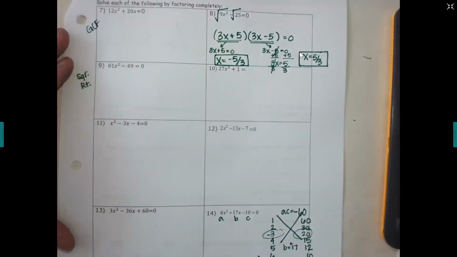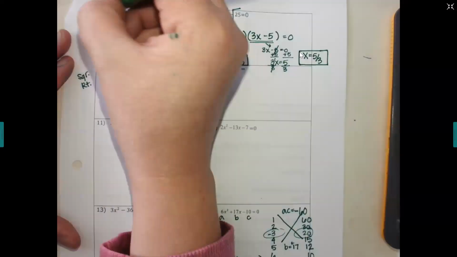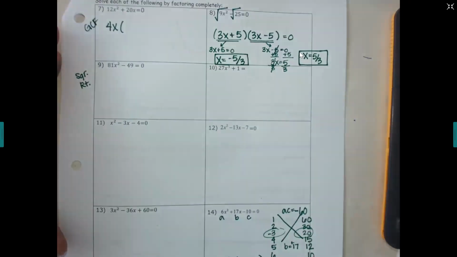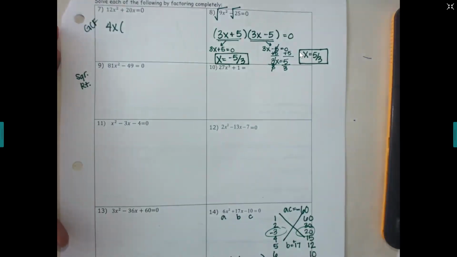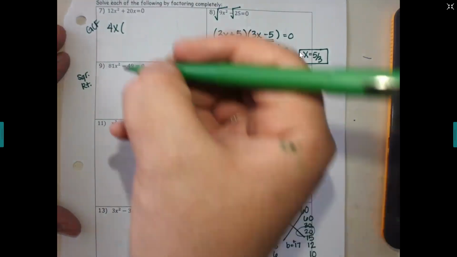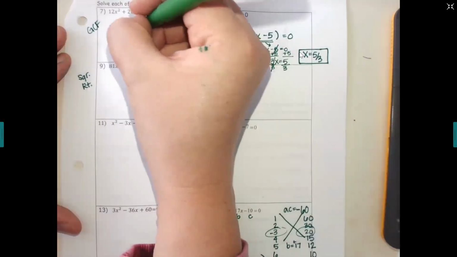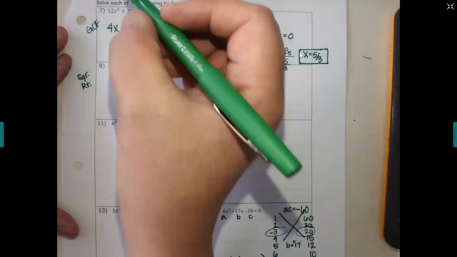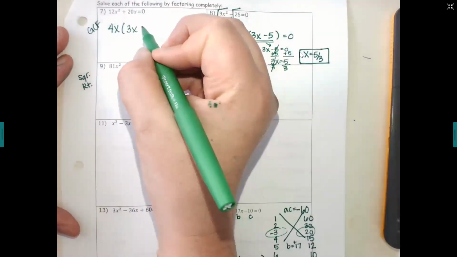A 4 and X. An X. Very good. So I'm going to take my 4X to the front. What is left over from 12X squared when I divide it by 4X? 3X.